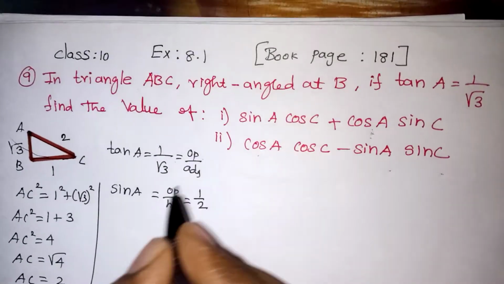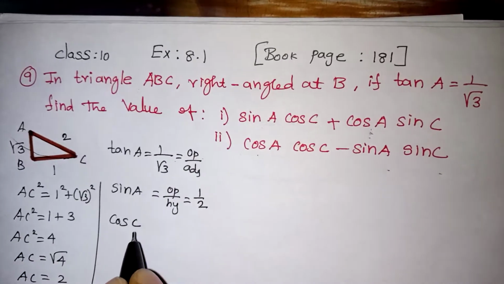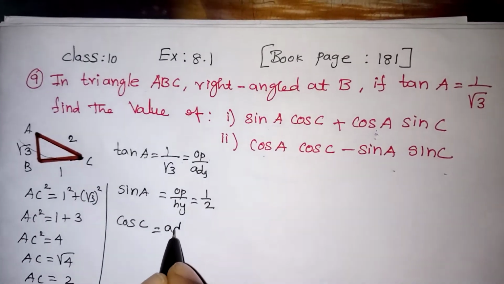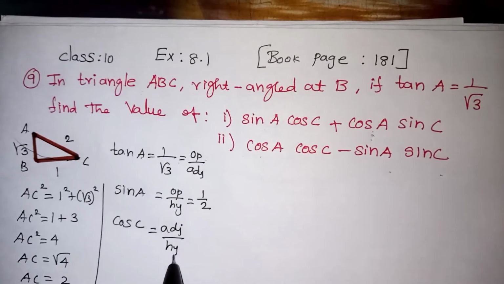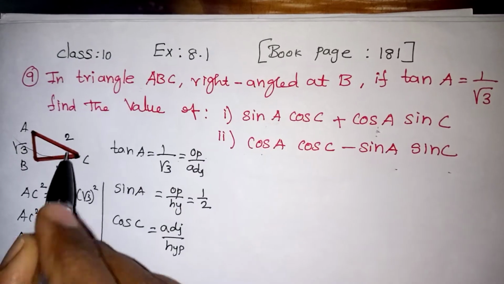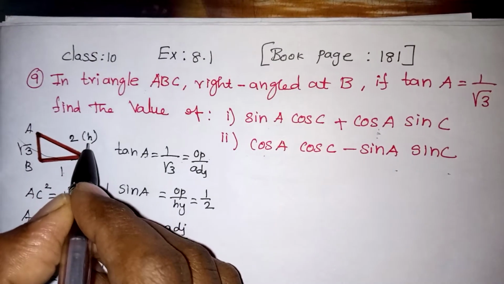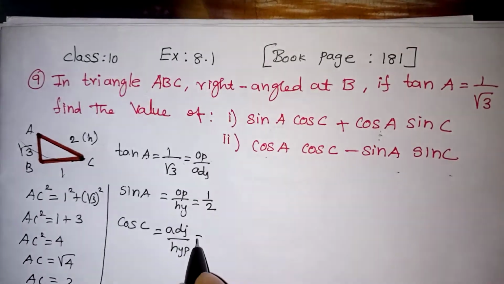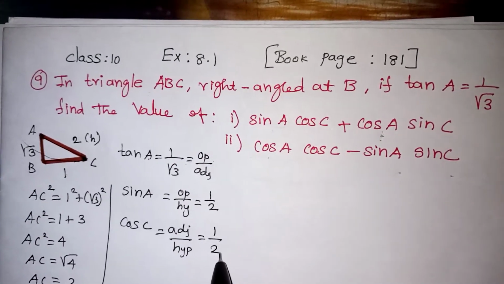Next we need cos C. From the C we have to check now. Cos C formula is adjacent by hypotenuse. From the C your adjacent side is 1 only, because this is the hypotenuse, this will never change. This is opposite, this is adjacent for the C, that is 1, again hypotenuse is 2.